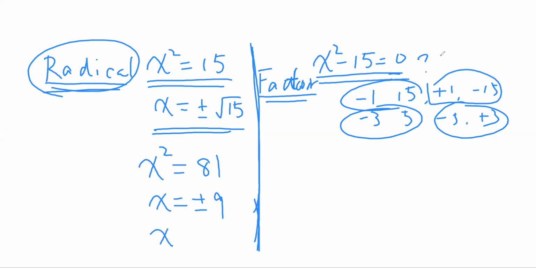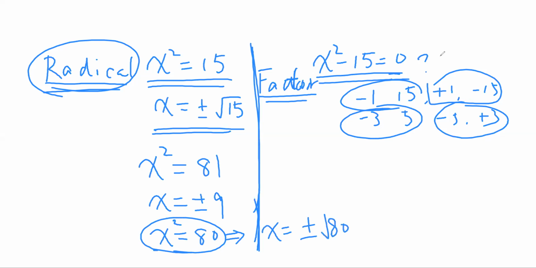If x squared equals 80, what do you get? x equals positive or negative square root of 80, which is the square root of 16 times 5, so positive or negative 4 square root 5, right? This one is definitely not easy to factor to get these results.